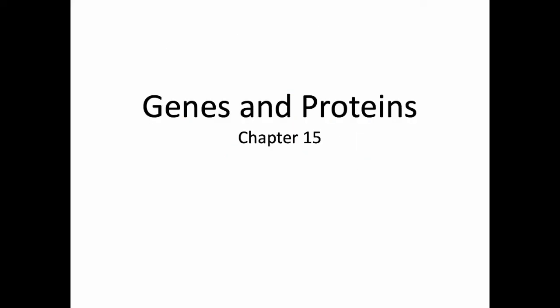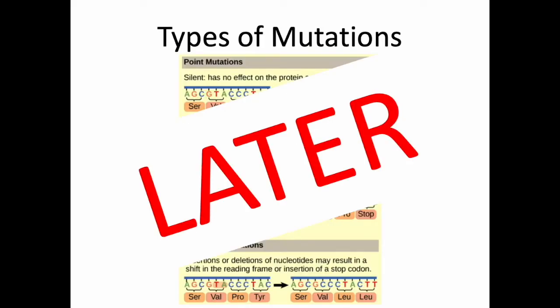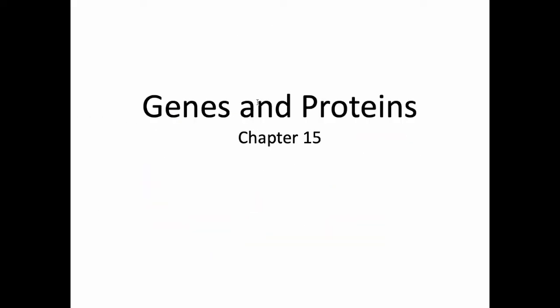So yeah, I'm moving on to chapter 15, genes and proteins. Don't worry, we will circle back to this in its own time. But yeah, we're going to randomly have some chapter 14 section in the middle of chapter 15. But yeah, trust me, it'll make more sense after we do some of this stuff. So, Chapter 15, genes and proteins.